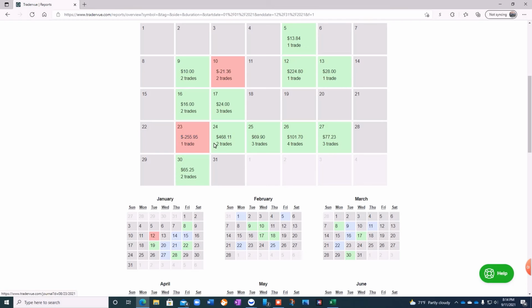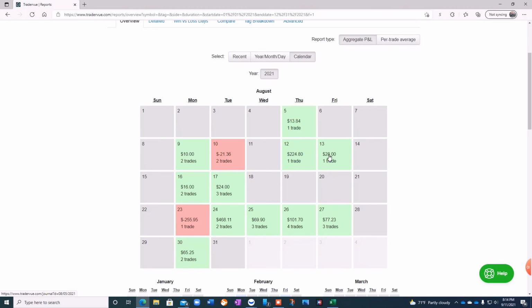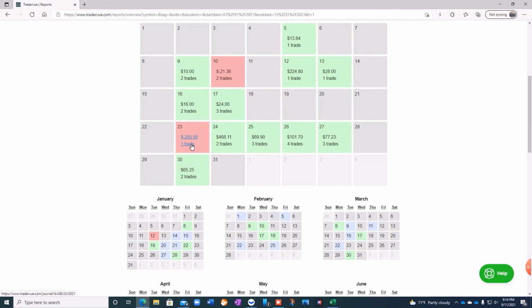Actually, this trade turned into that because it was a swing trade I've been holding for about here, I believe. When I imported it, on that day it was still negative 255. Then it turned positive the next day, and I sold it for 400 profit. So I day traded, then I got all my money back, plus that profit.